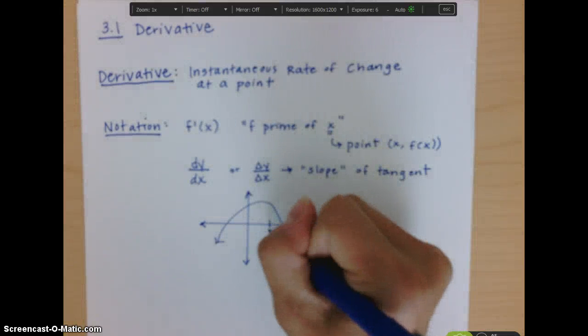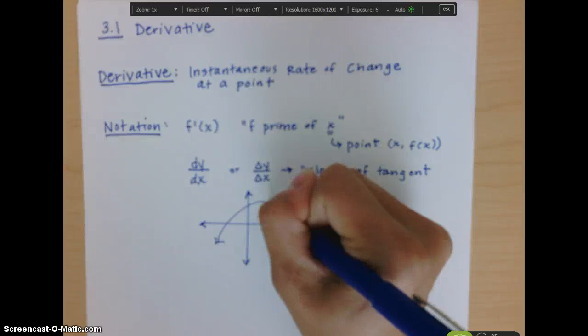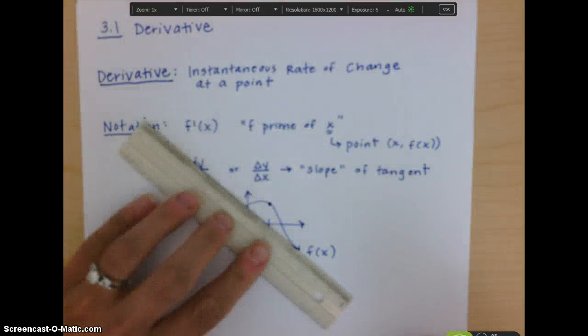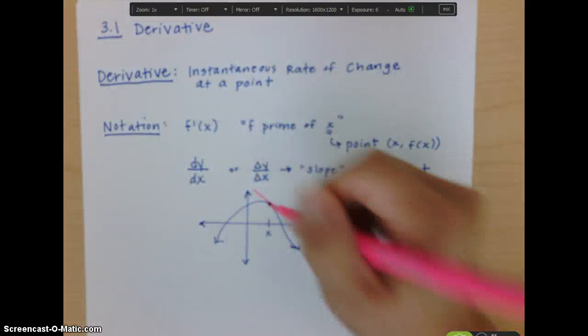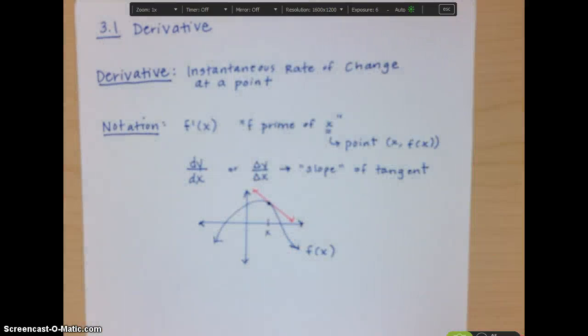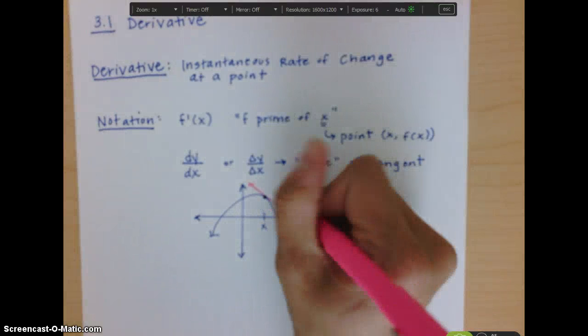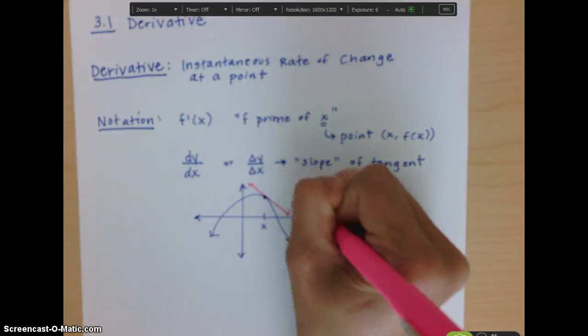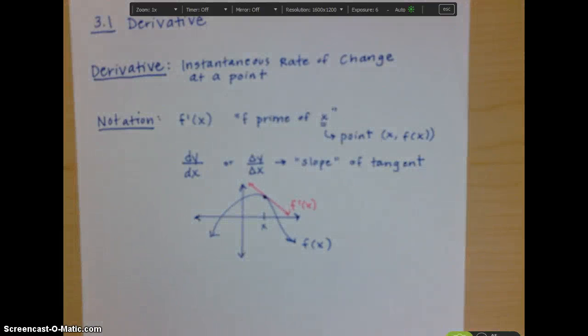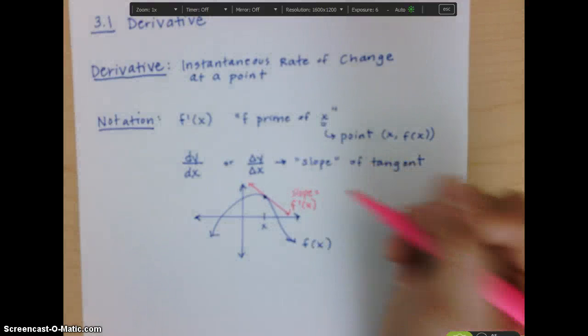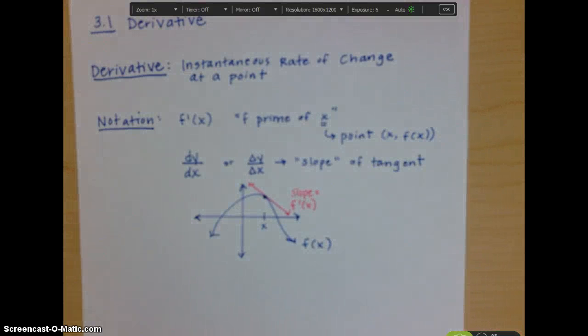But if I pick an x value, and I go to the point on the function on the graph that corresponds to that x value, and I draw the tangent line at that point, that tangent line is going to have a slope which represents the derivative of the function at that point, f prime of x.